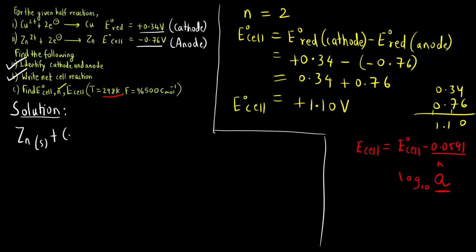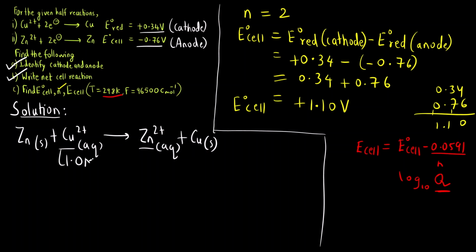Zn solid plus Cu2+ aqueous giving Zn2+ aqueous plus copper solid. Here the concentration of the aqueous species is not given, so we will consider the standard concentration, that is 1 molar.